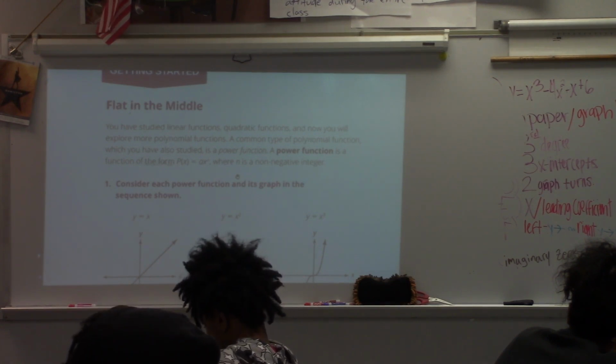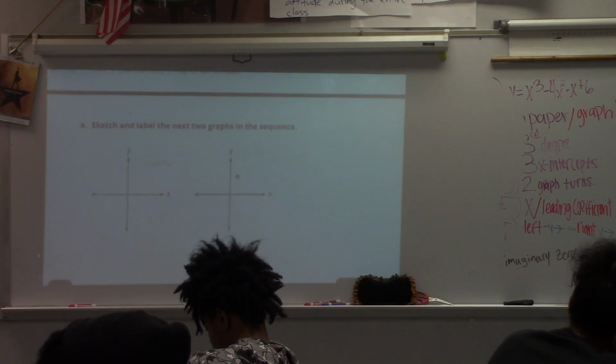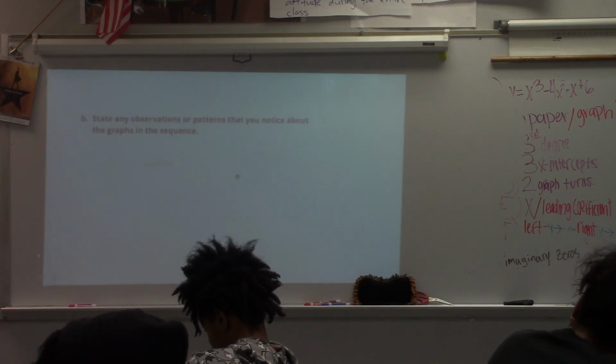A power function is simply a polynomial with one term. Right? A times x to the n. Notice that's all it is. It's just that one term. That's what a power function is. And so what we're trying to look at here is to think about some patterns. Looking here at B, state any observations or patterns that you notice.